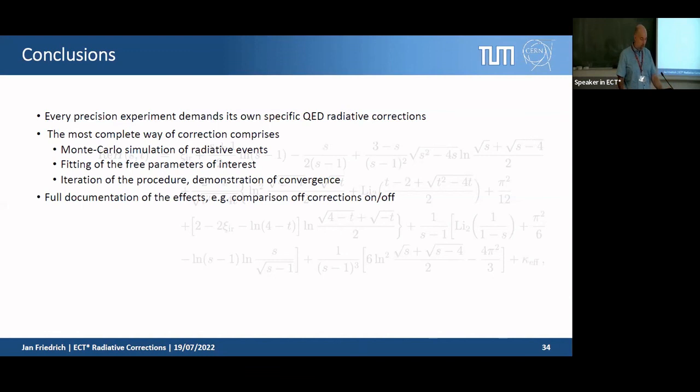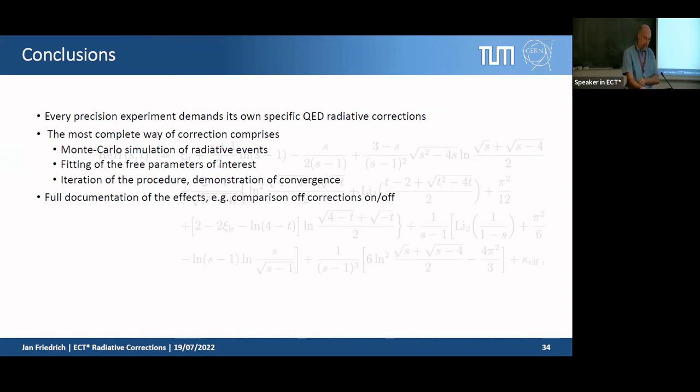And the most complete way is to take radiative events in the Monte Carlo simulation of your events, and then usually, at least this is what I never succeeded in the analyses that I did, that you fit your free parameters, be it proton radius or the pion lifetime, pion polarizability with it, or this chiral anomaly.